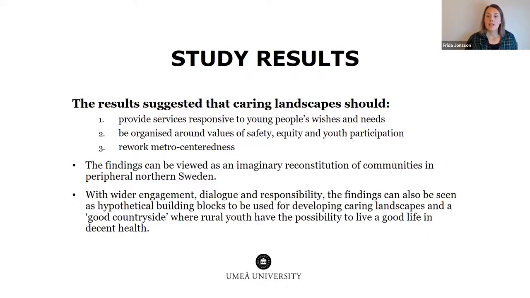And then that caring landscapes should be organized around the values of safety, equity, and youth participation to ensure that all young people, irrespective of social class, health status, gender, ethnicity or race, sexual identity, or functional abilities, are able to feel a sense of security and belonging in their community while simultaneously having the power and opportunity to influence aspects of their life that they feel matter to them.